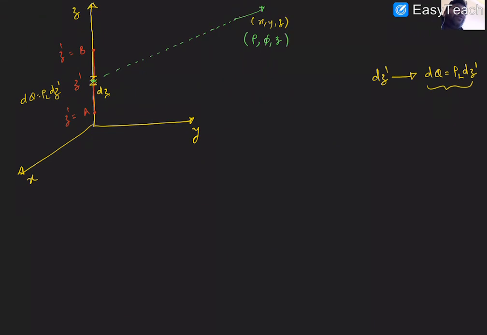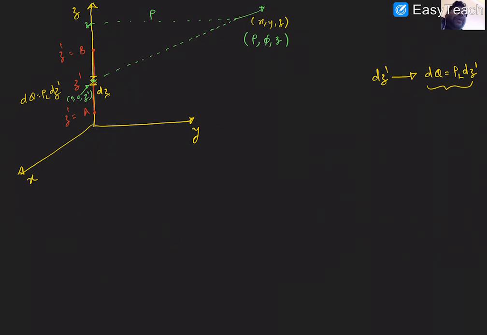Let's say this is rho, phi and z. Now this point is z, and the distance from the z axis is the radial distance, which is rho. The source point that I am going to consider is 0, 0, z dash.